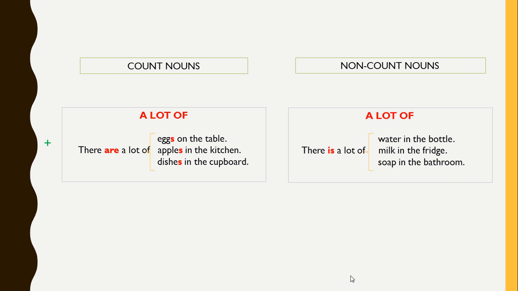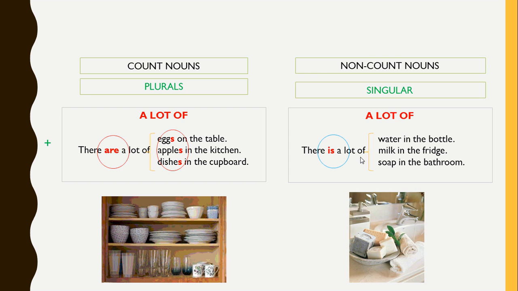A lot of means a lot of quantity, and we can use it for both count nouns and non-count nouns. That means more than some, more than much. So the same thing: plural for count nouns and singular for non-count nouns.